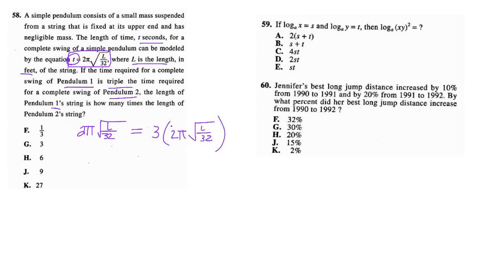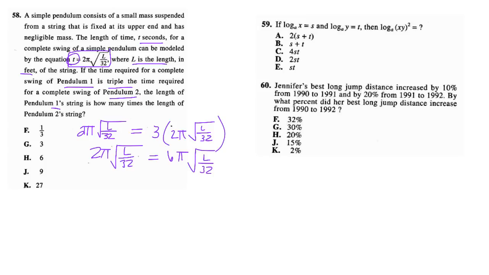So notice here we have these two equations, and we really need to solve for L. So here, let's see, we've got 2 pi square root of L over 32 equals 6 pi, times the square root of L over 32.